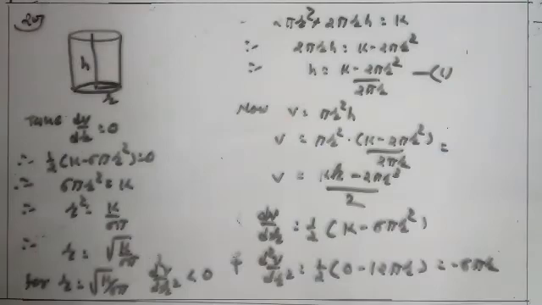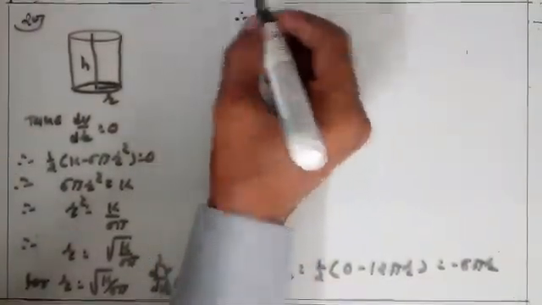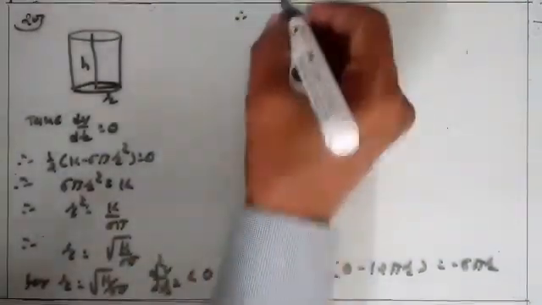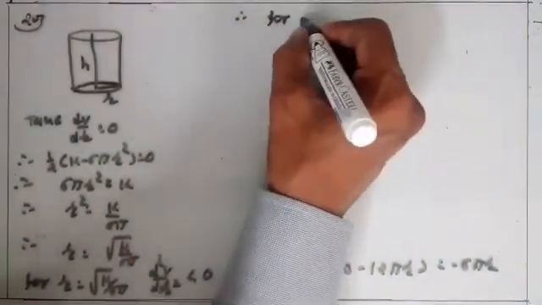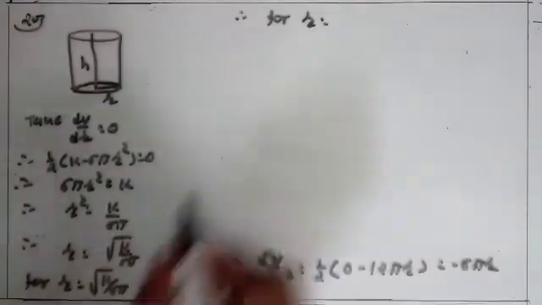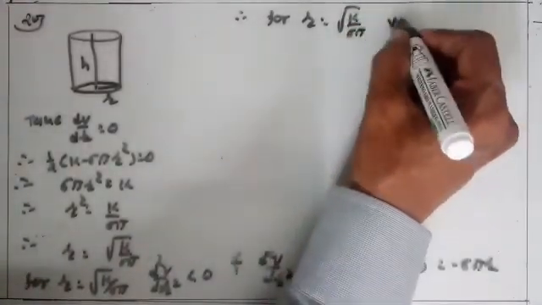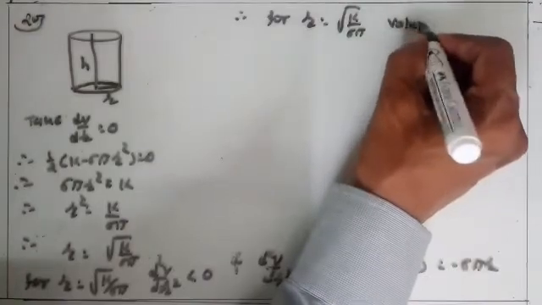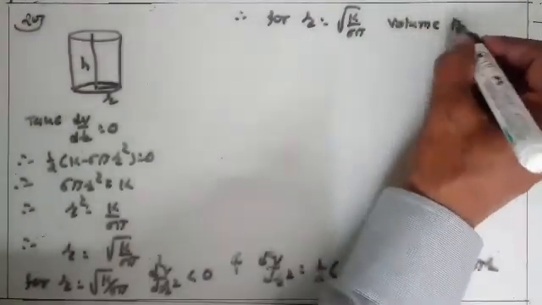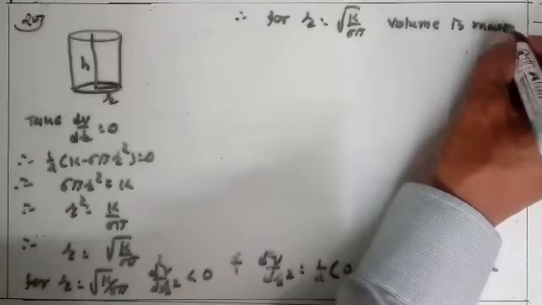Therefore for r is equal to root k upon 6 pi, volume is the maximum. Clear?